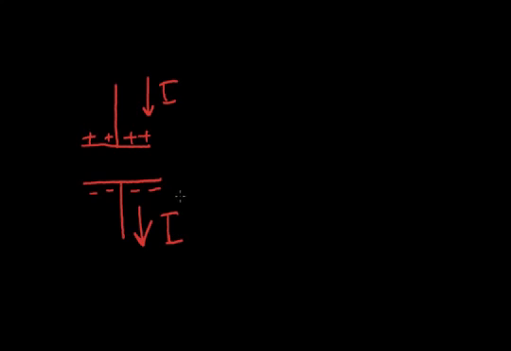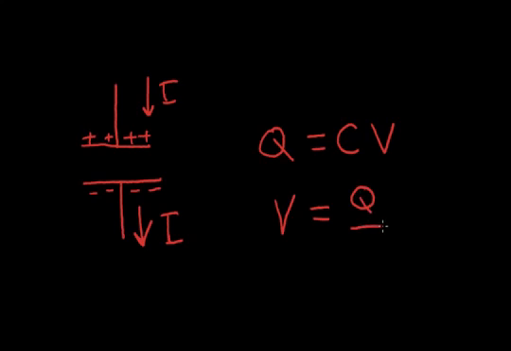But as the current flows in the capacitor, remember that the charge on the capacitor is the capacitance times the voltage. So let's solve this for voltage. Voltage equals charge divided by the capacitance.